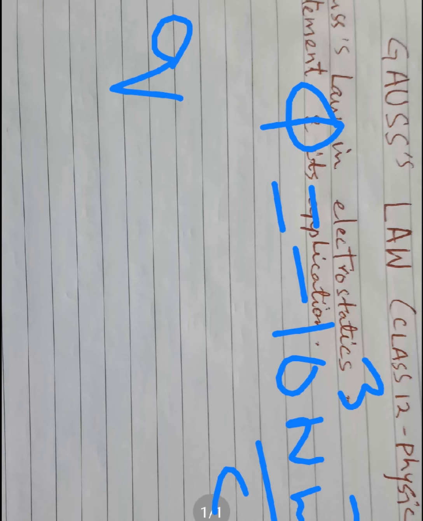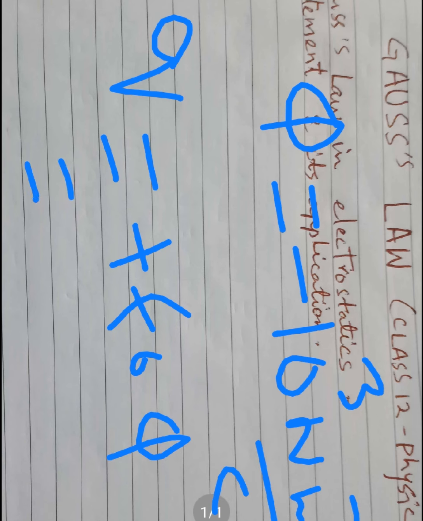So your answer will be Q is equal to, first write plus epsilon naught into phi and put the value of phi. Phi is negative, so negative epsilon naught multiplied by phi, 10 to the power 3. And you know the value of epsilon naught, 8.85 into 10 to the power minus 12 coulomb square per newton meter square.